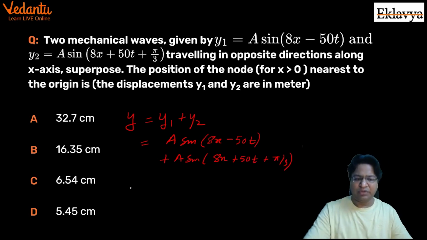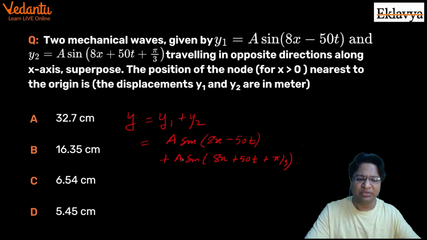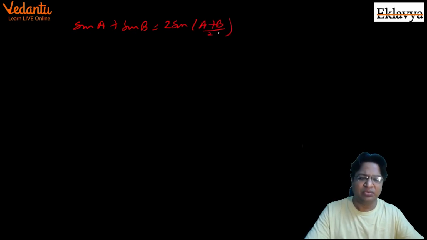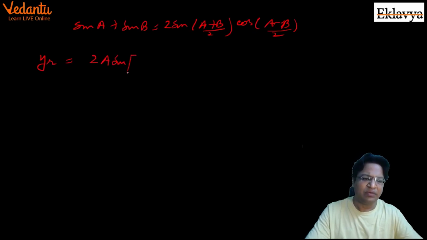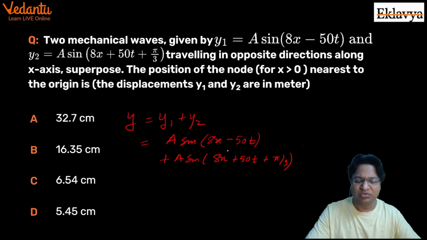I'm going to use the formula for sine A plus sine B. The formula for sine A plus sine B is 2 times sine of A plus B by 2, and then cos of A minus B by 2. So y is equal to 2 into A sine of the sum of these two divided by 2.